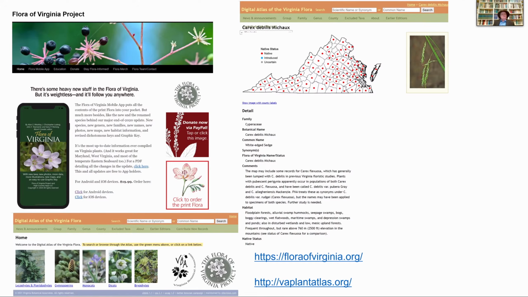It doesn't have a web version of that, just the app version for a mobile device. But the website for the Digital Atlas of Virginia Flora provides also the information about each species, and I've chosen the same one as we were looking at for New England.